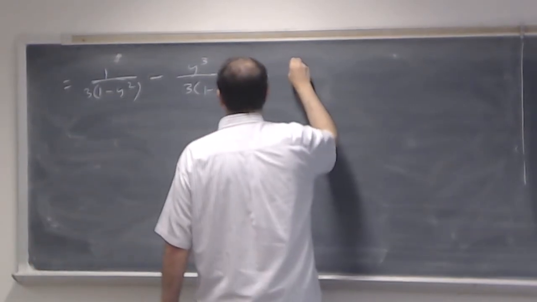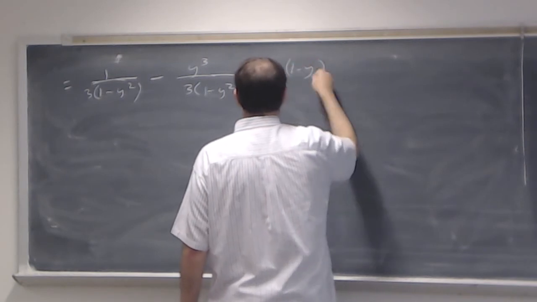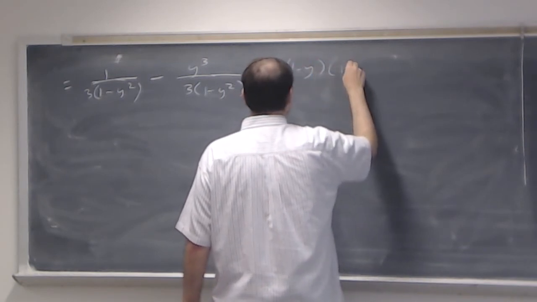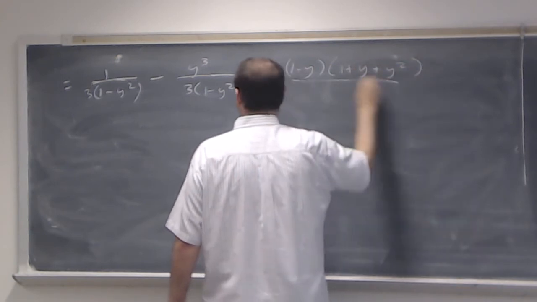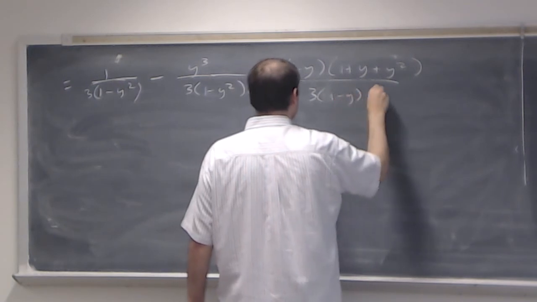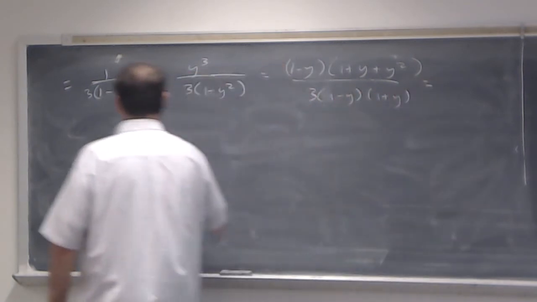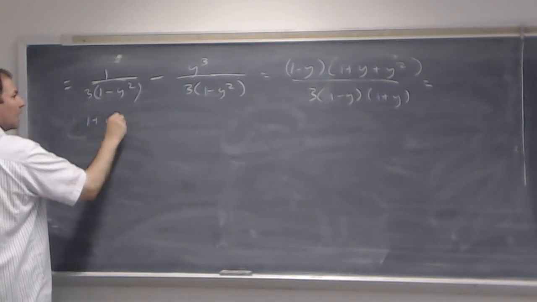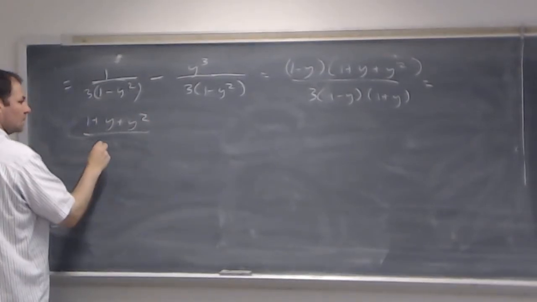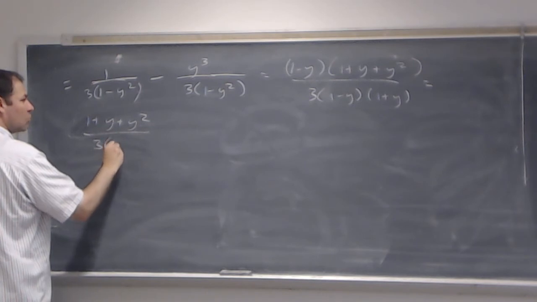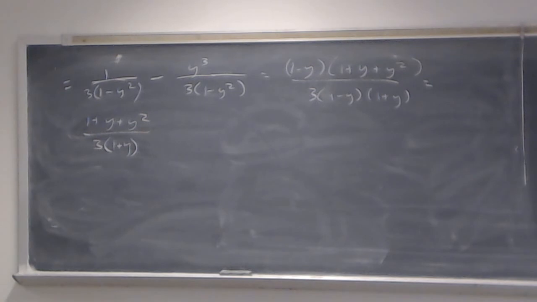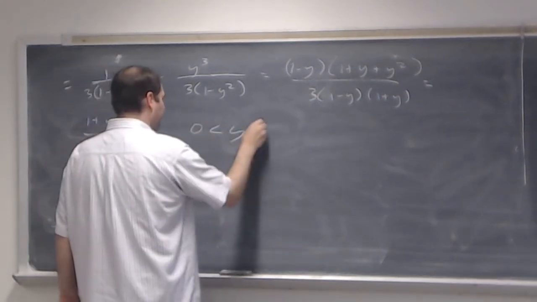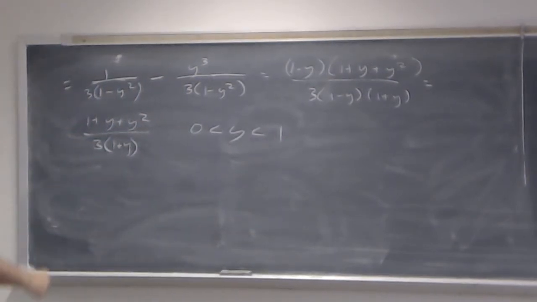So here this is 1 minus y times 1 plus y plus y squared, all over 3 times 1 minus y times 1 plus y, and so that simplifies as 1 plus y squared over 3 times 1 plus y. That's what we get. And again, this is where y runs from 0 to 1.